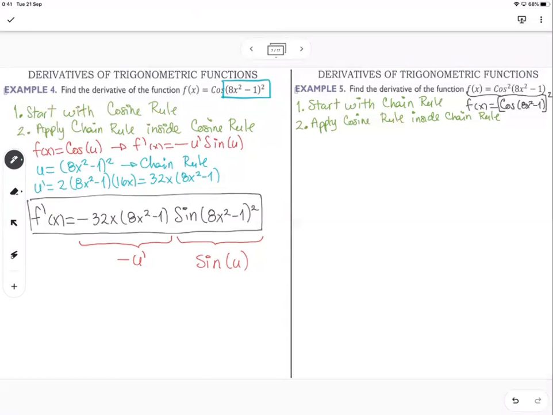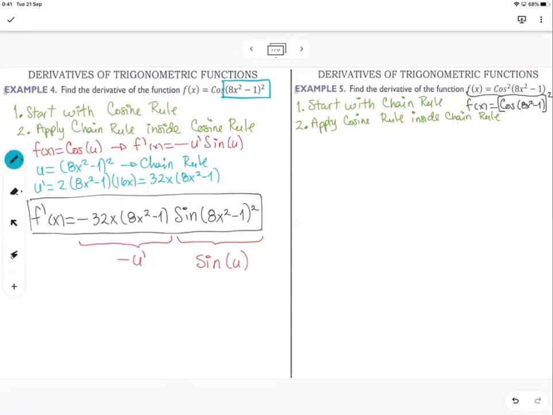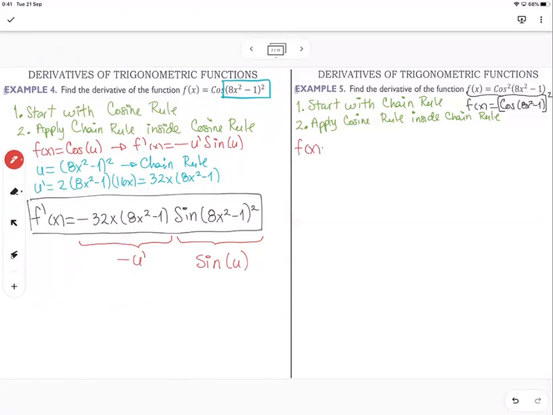We have to start with the chain rule, and inside the chain rule, we're going to apply the cosine rule, okay? So for the chain rule, u is going to be, let me write the chain rule. N times u to the n minus 1 times u prime, okay? So u is the whole cosine because that's the expression that is raised to a power, okay?